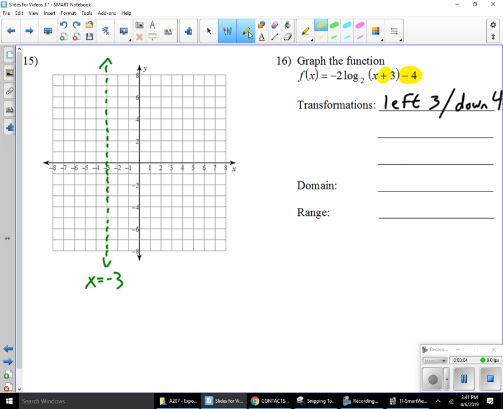Now we need to take a look at this negative 2 out front. Just like with the exponential, that negative sign tells us that we have a reflection. This graph isn't going to look exactly the way we expect it to. We are also going to get a stretch because of the 2.